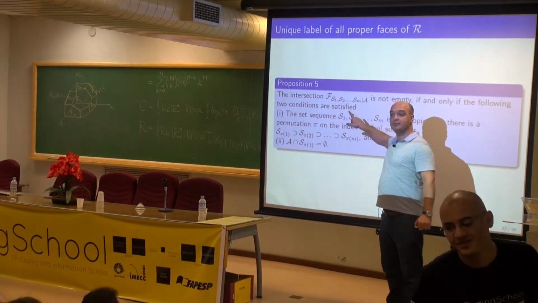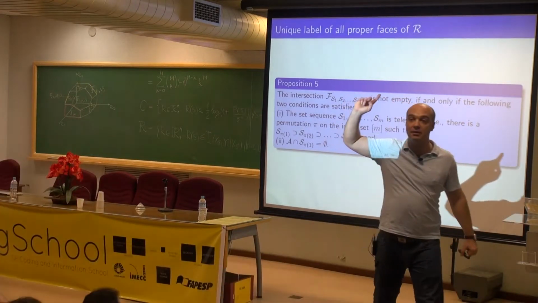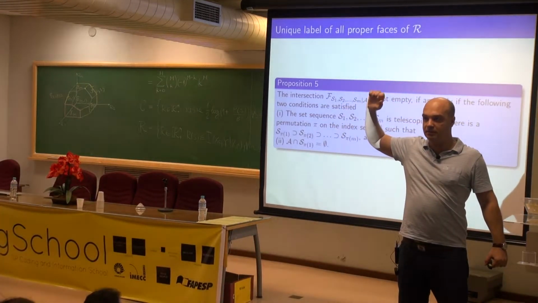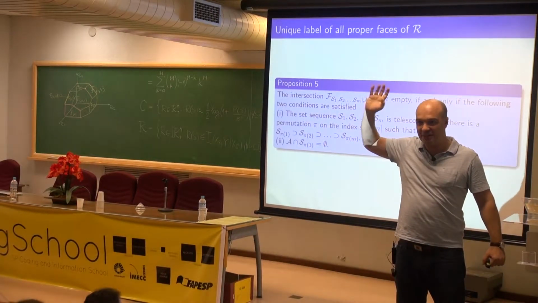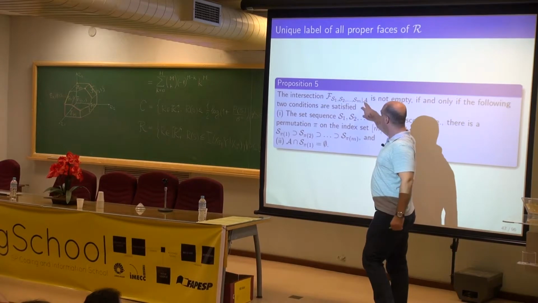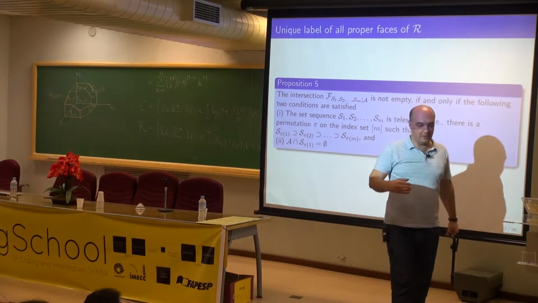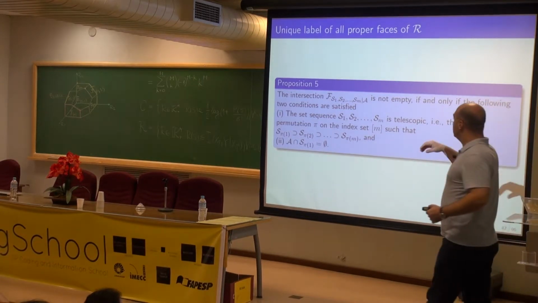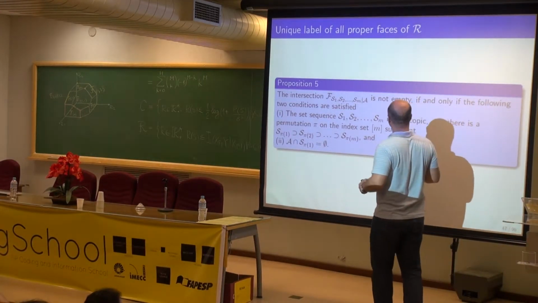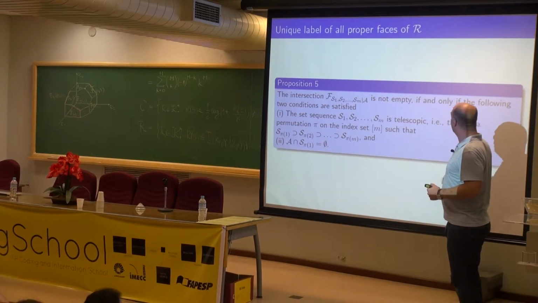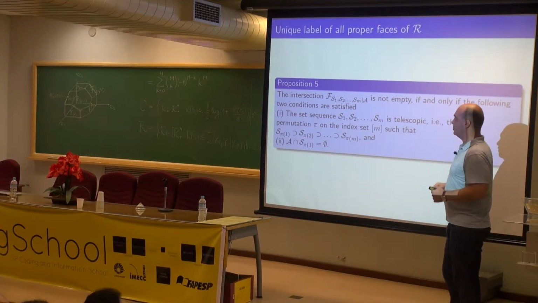A. The whole set A. What? A back faces. Almost, the cardinality of A. Okay, so if we have 5 elements, we have an intersection of 5 back faces. That means this intersection is not empty if and only if the following two conditions are satisfied.